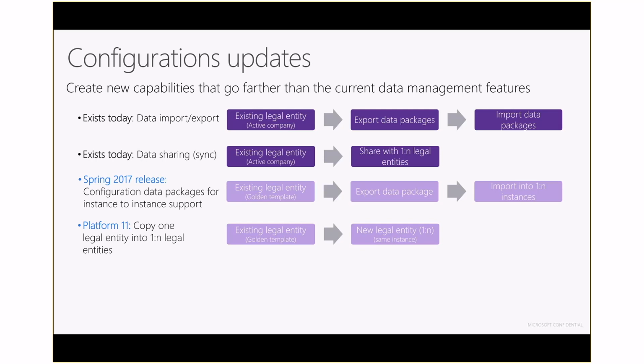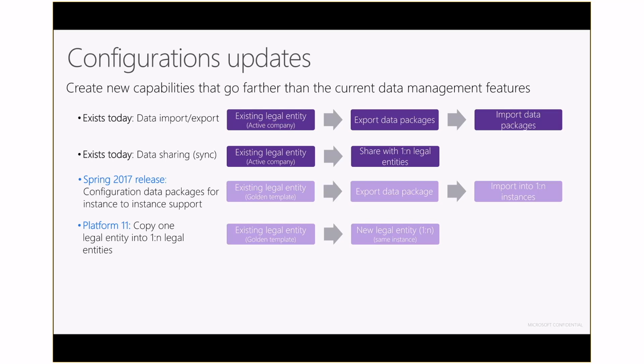What we added over the last period of time is 2 different features, and the first one was released in the spring release. That was the configuration data packages, where you can export packages and then carry them over to a new instance and re-import them back in. That's been out there since probably about the July timeframe, and we added hundreds of entities and sequenced them for you, so that's already there.